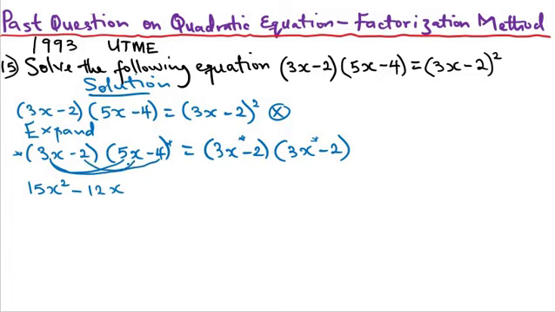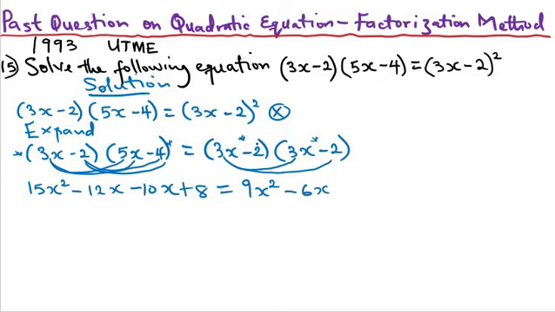Minus 2 times 5x is minus 10x. Minus 2 times minus 4 is plus 8, equal to 3x times 3x, 9x². 3x times minus 2 is minus 6x. Minus 2 times 3x is minus 6x. Minus 2 times minus 2 is plus 4.